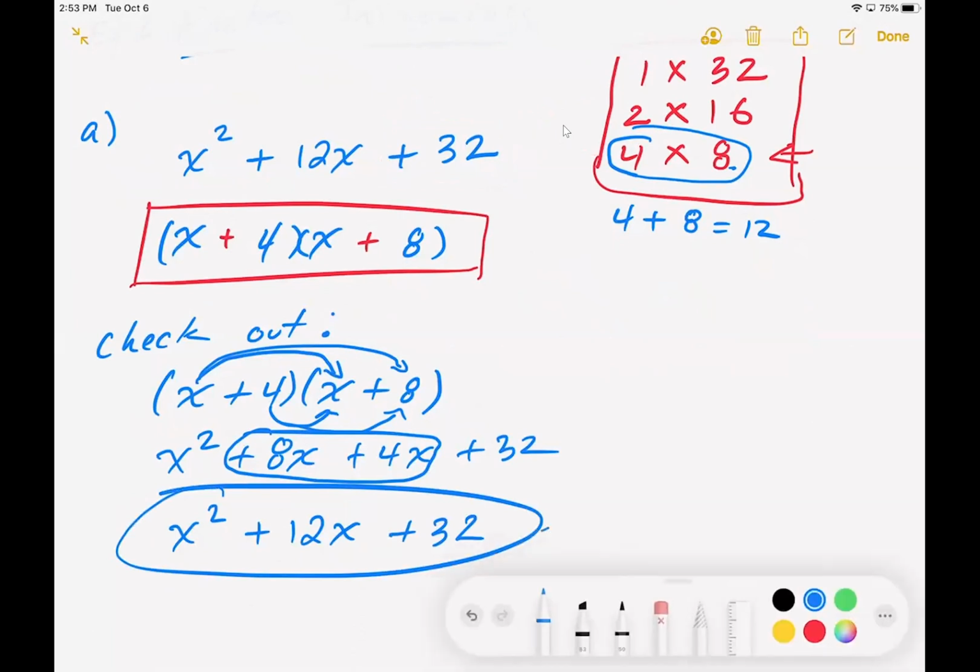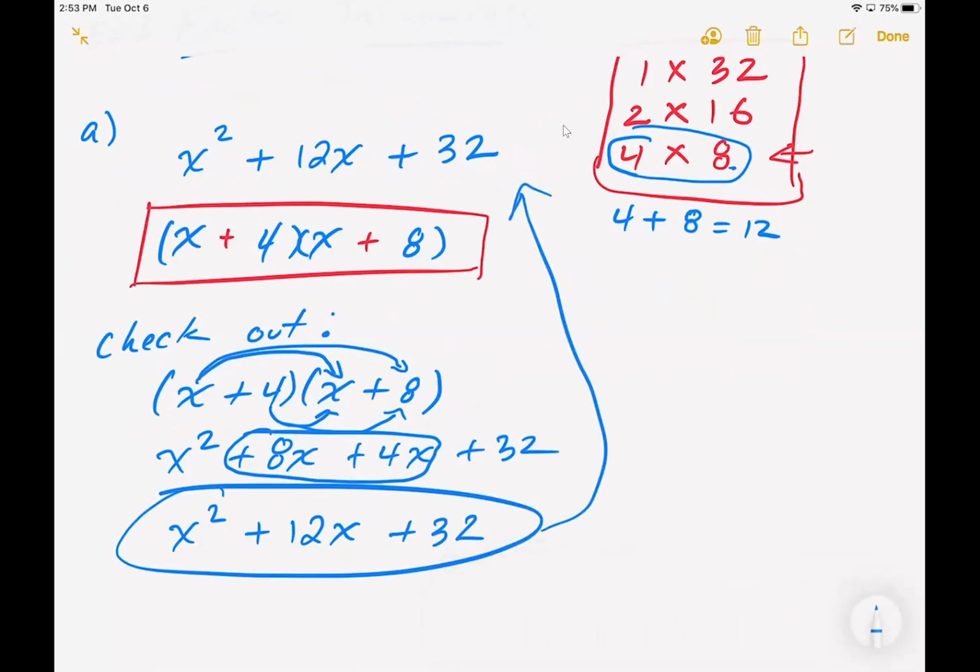That's why I mentioned to you guys that chapter 6 is the backward of chapter 5. In chapter 5, we give you this as a question, and in chapter 6 it is the answer. So if you want to check it, you can always distribute them out.